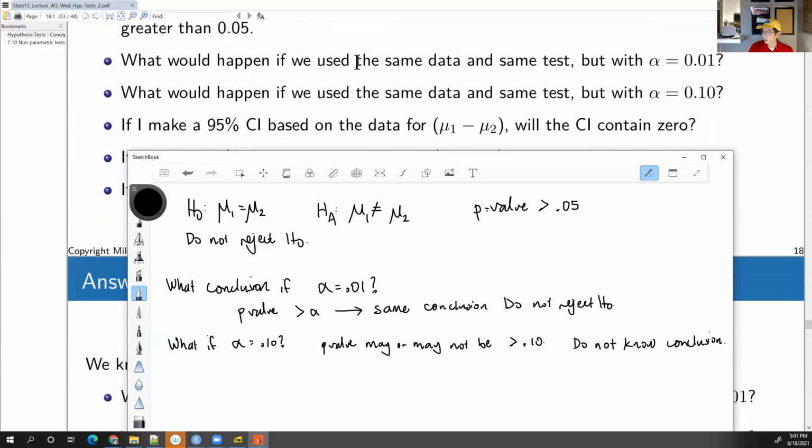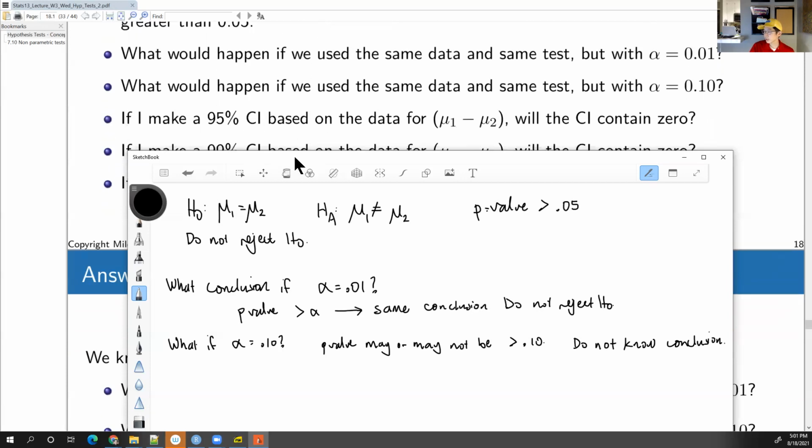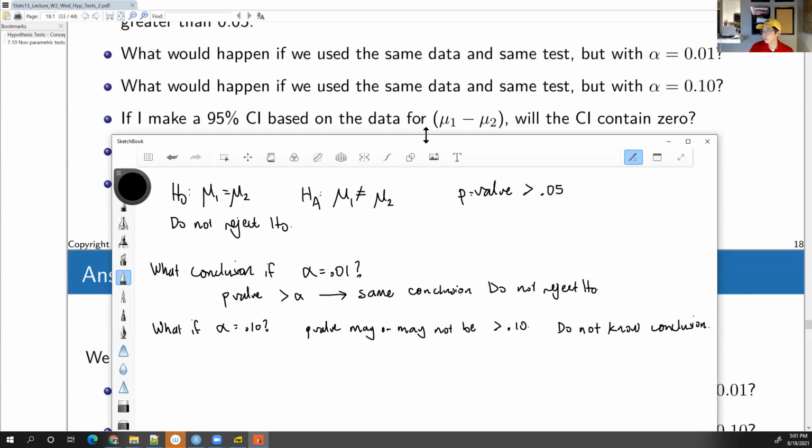Okay, all right. If we take the same data and we were to make a 95% confidence interval, so that we're going to use the same data, where the p-value ends up greater than 5%, will a 95% confidence interval for this data contain 0? Yeah, the answer is yes, right? Because the answer here is do not reject the null, right?